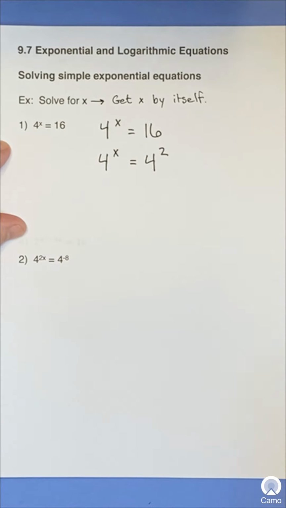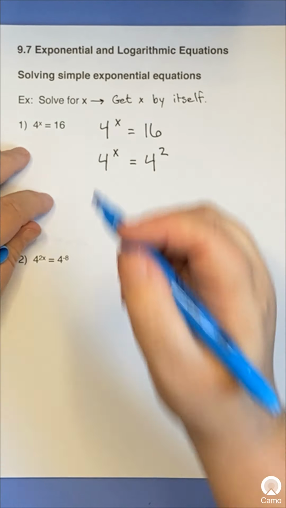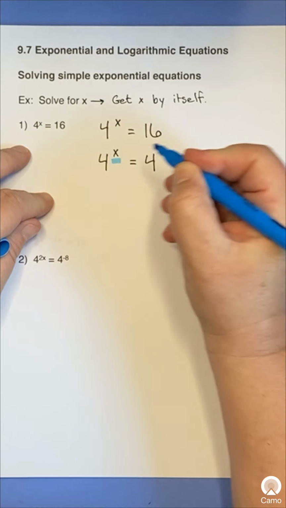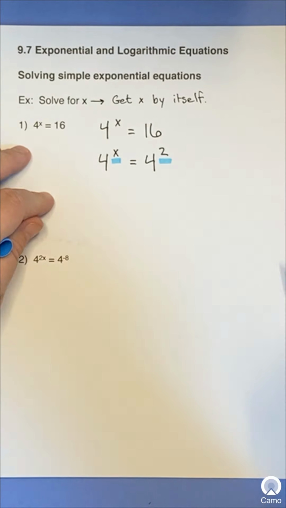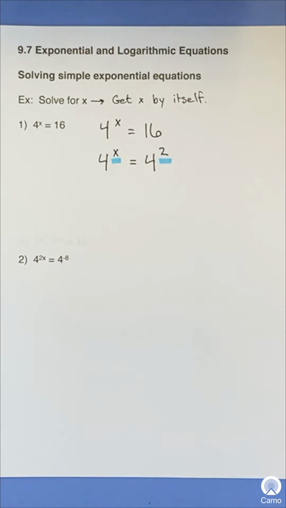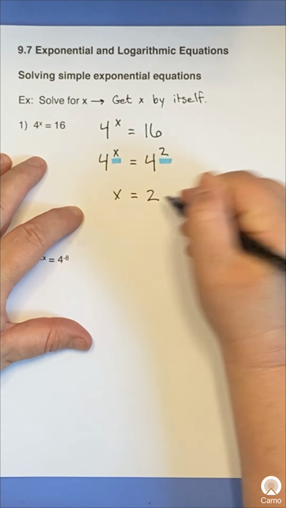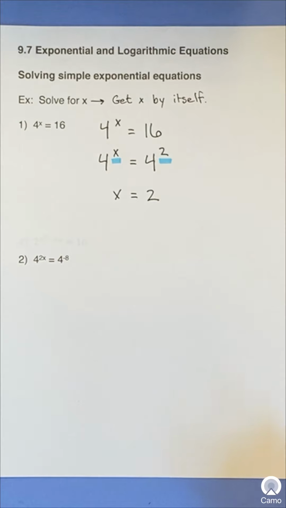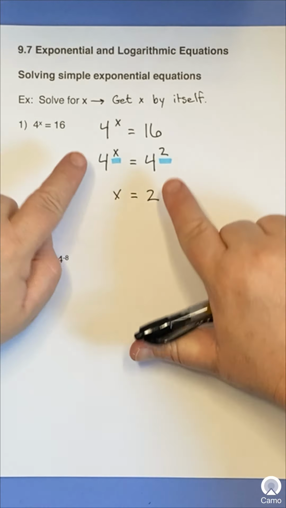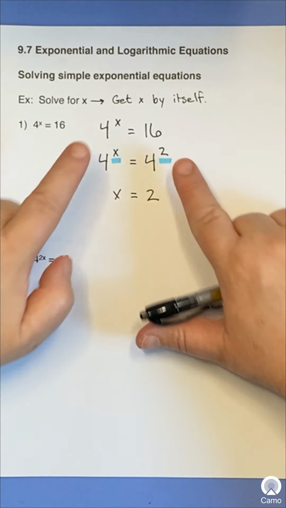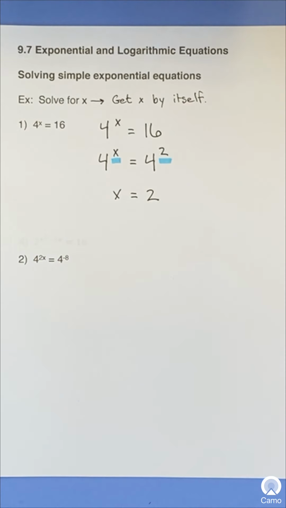But then I can say, wait a minute, and this is perfectly legal, you are allowed to do this: 4 to the x equals 4 squared. Well, then x must be 2. Does that make sense? This way I'm not just simply writing x equals 2. I'm writing in my reasoning, so anyone reading it could follow along.